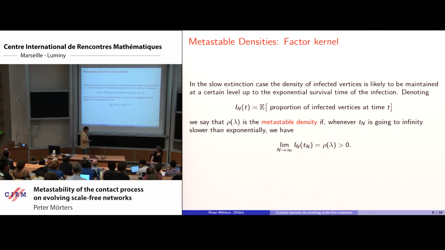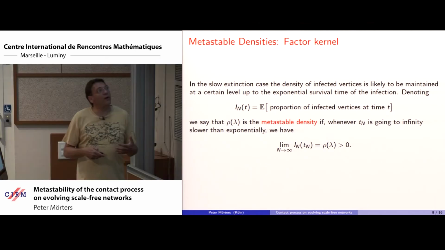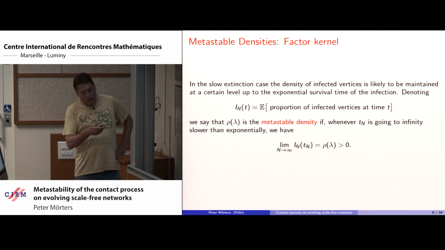we've seen that there are different strategies at work, and in order to make these strategies visible, we look at a quantity called the metastable density. So that's the density of infected vertices at a sort of typical time before your infection dies out.